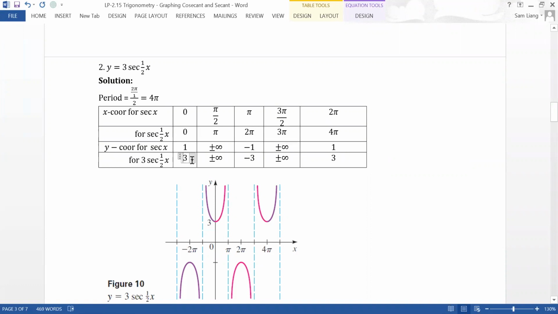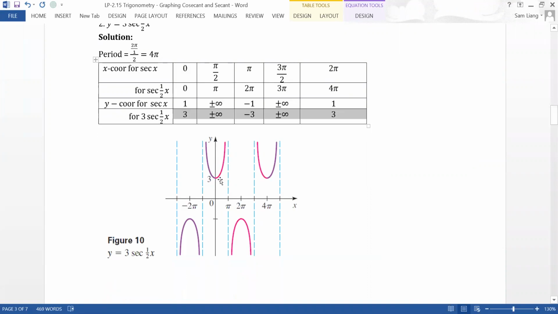And then here you apply the vertical stretch. So you multiply everything by 3, and these are the coordinates you'll get. And thankfully they keep consistent with what they said in graphing the interval. So 0, 3 is here, and then there's an asymptote at pi. At 2 pi, there's a coordinate of -3, and then at 3 pi, there's an asymptote.